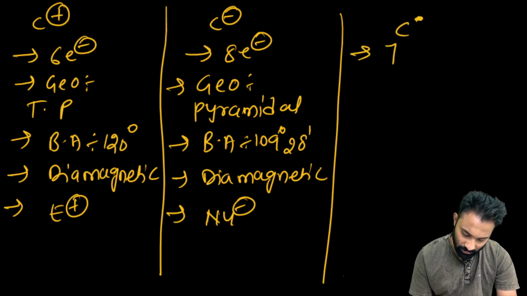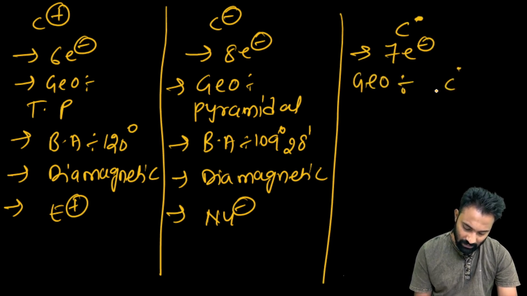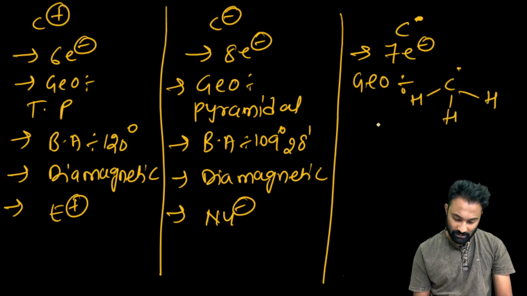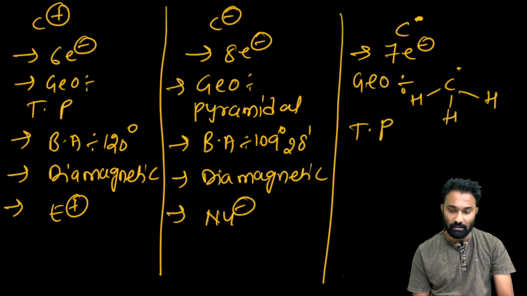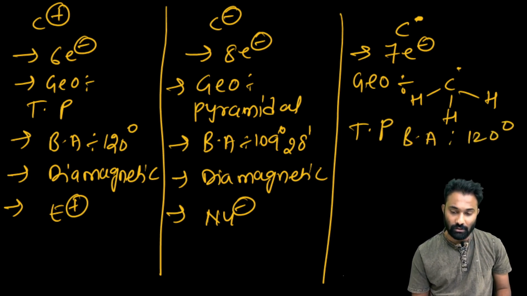Now carbon radical. It contains how many electrons? 7 electrons. Now geometry. If the carbon radical is with hydrogen and hydrogen, this is trigonal planar, and the bond angle will be 120 degrees.